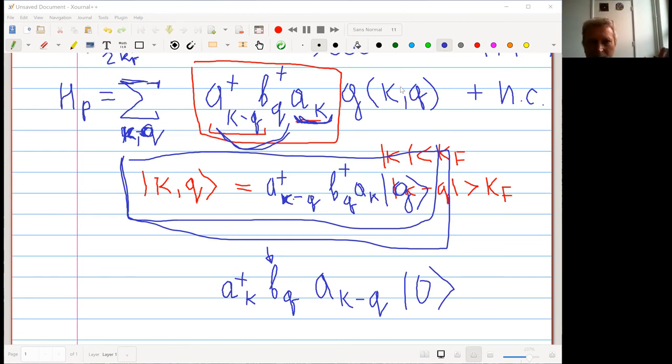Instead of momentum, I could write some other letters, and if I consider not a system of plane waves, but some other basis of single particle states, then there would be no momentum conservation, and these three operators would all have different indices. Does this answer your question, Sarah?